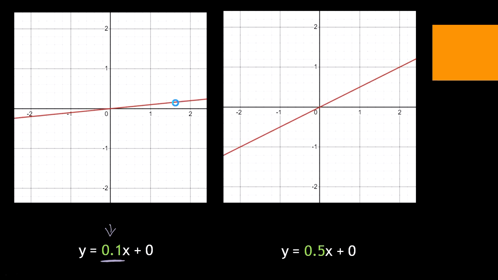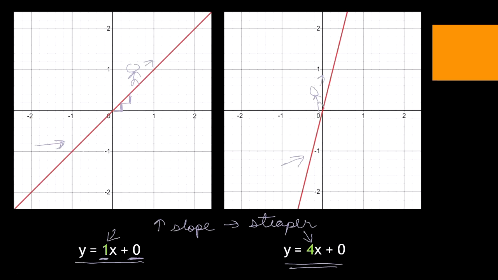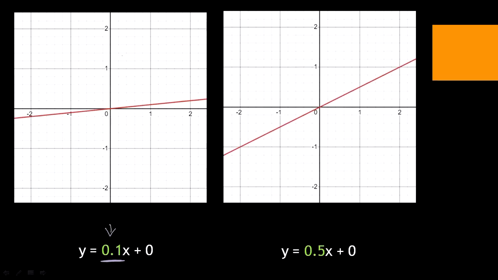See, it is much less steep than when I had the slope as 1, right? Here the slope is pretty steep. Here, because my slope is 0.1, it is less than 1, the graph is also not as steep as the previous case. Here I have the slope as 0.5, so it is slightly more steep than this case where the slope is 0.1. So you can just compare the two. So I hope you get the idea, right?